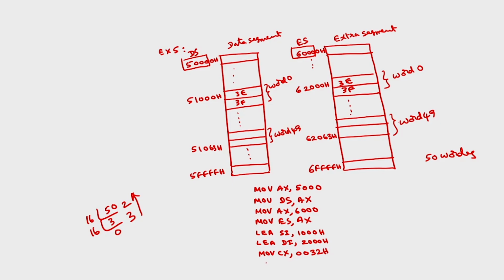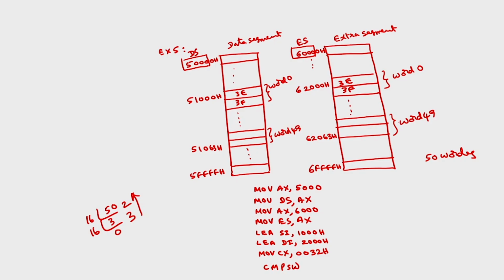Now we can directly write compare string word. Inside this instruction it will compare the source and destination, for 50 iterations.